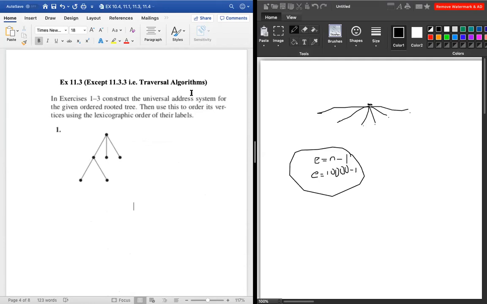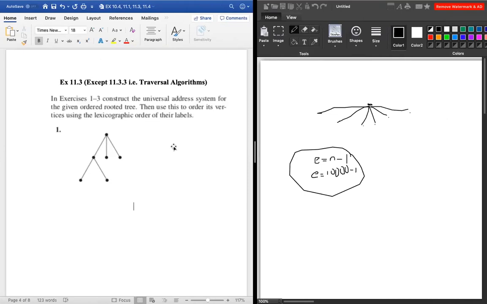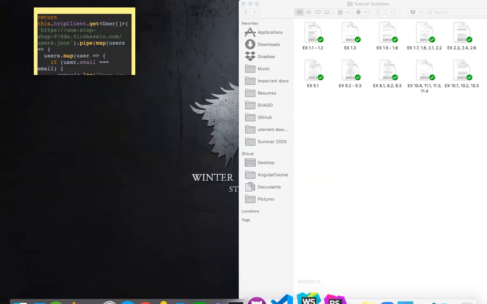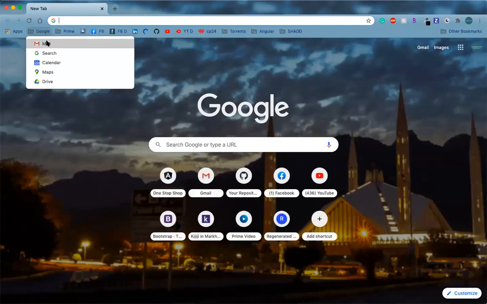Sir, for 11.3, I think we're only covering 11.3.3. That's what it says on Moodle. Let me just be double sure.